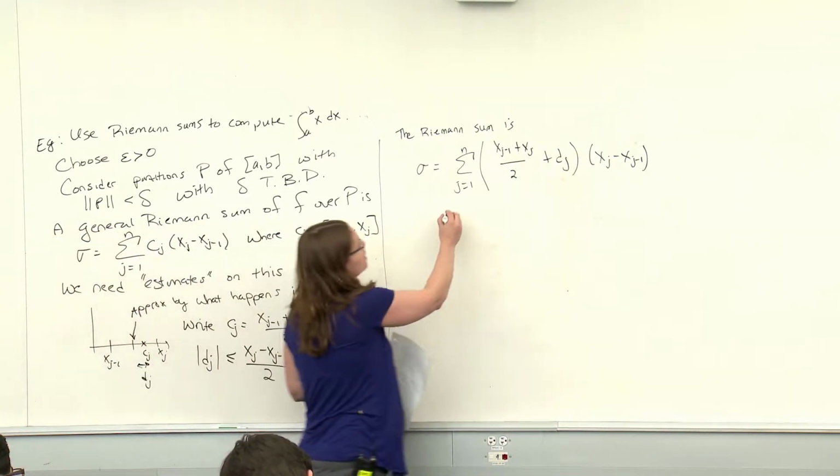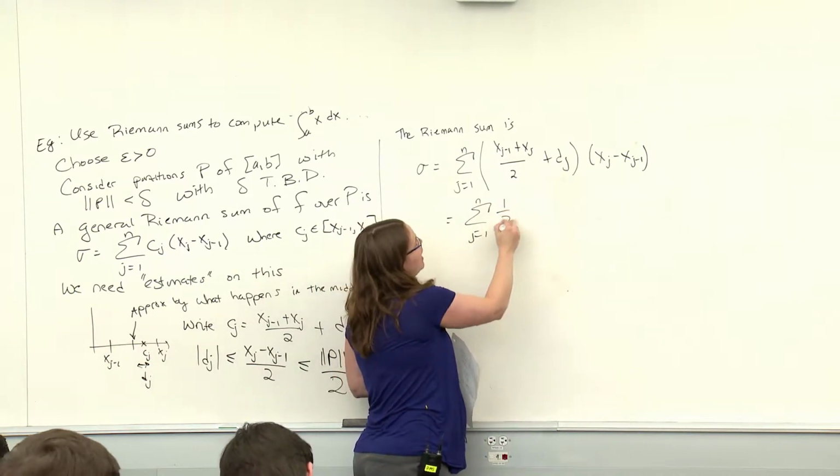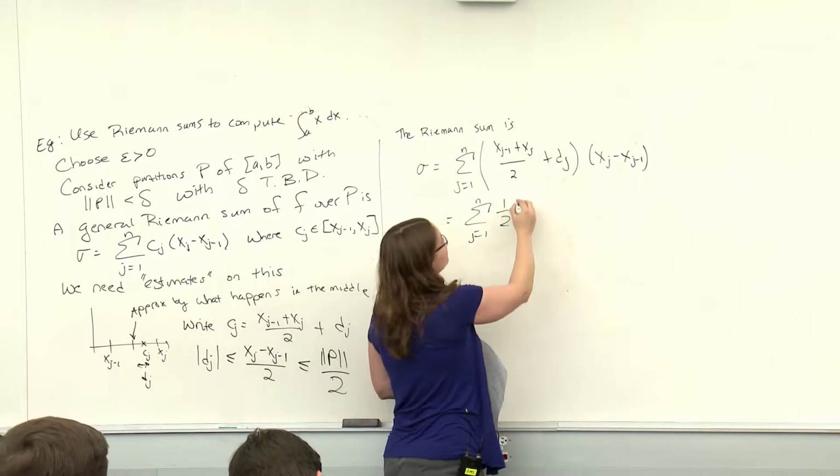So if I break this up, what am I going to get? A half. I'm going to multiply this times this. So what do I get?